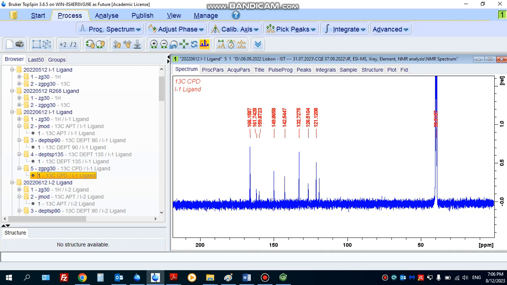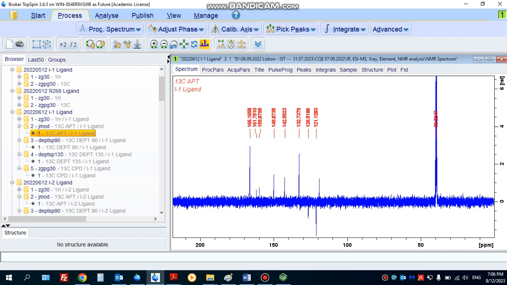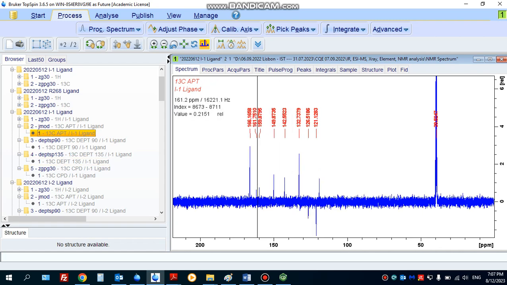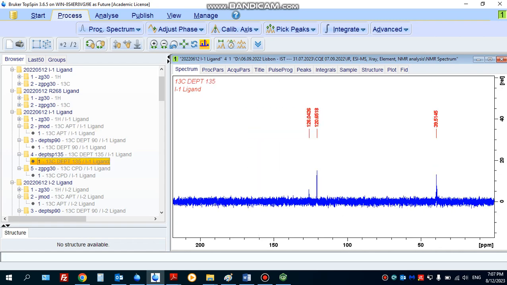So first is 13C CPD, then you use 13C APT, which gives you an idea of how many carbon atoms you have, because downside it will show you CH and CH3, and upper side it will show CH2 and C carbon atom peaks. Then you go to DEPT 135. Here again quaternary carbon atoms will be null, because in APT you can see quaternary carbon atoms, but in DEPT 135 you cannot.